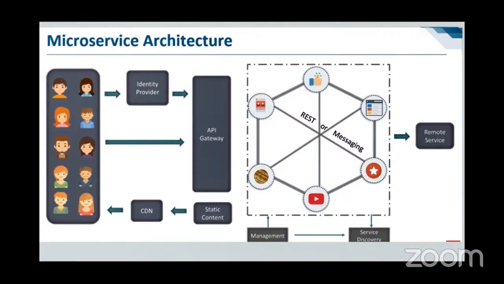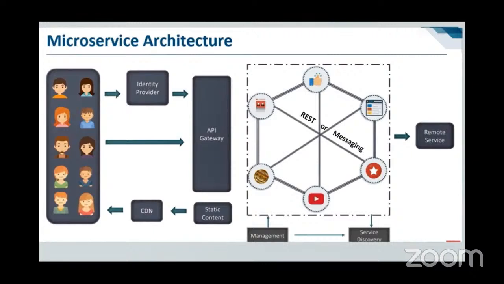At the same time, this API gateway sits like a front door or a gate in front of the application. What it does is give a single URL for the outside world to access the microservices, so it's a single endpoint. It also does common functions like security, logging, and many other services.